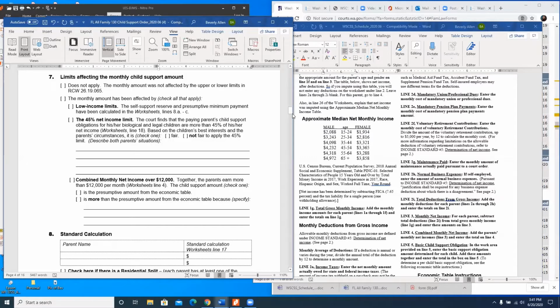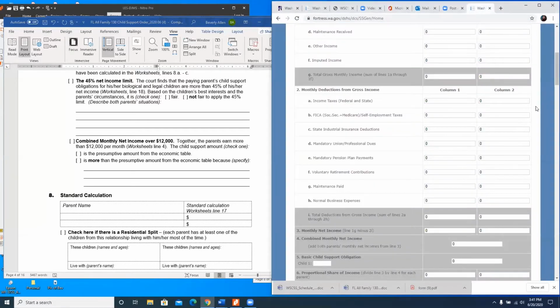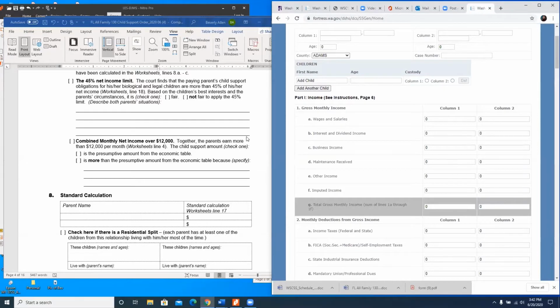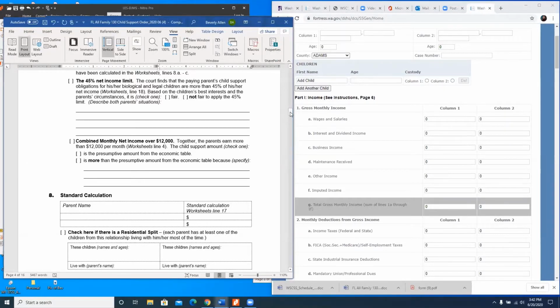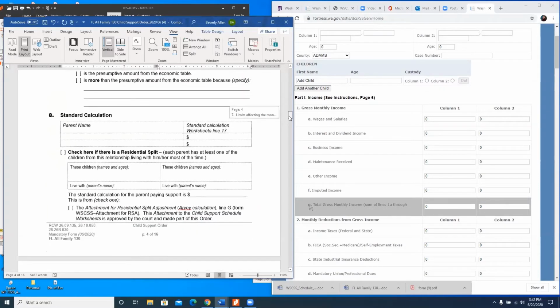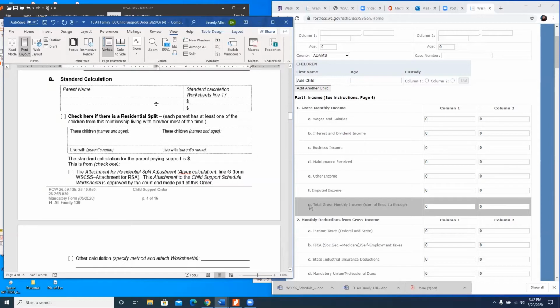Now, no matter how low or high the incomes are, the worksheet calculator that's available here on the right-hand side will still give you a number and will still take into account that minimum, and well, it won't take in the maximum, but it will take in the minimum amount of self-support. There's a level at which the state deems that you need to keep for each parent's support of themselves, and so that could affect things.